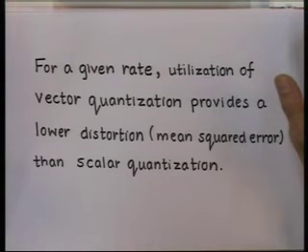Now, without going into the mathematical proof of this statement, let us get a feel of the advantages of vector quantization over scalar quantization with the help of few examples.